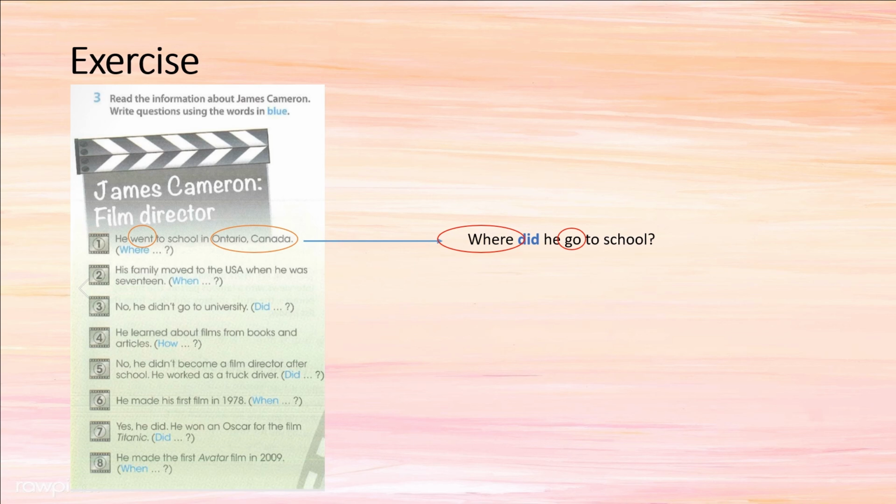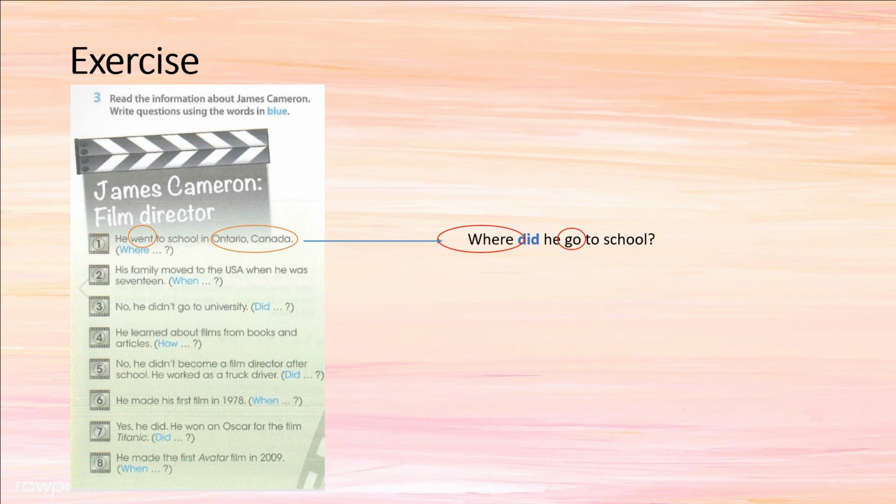Remember, you need to find the verb. If the verb is in past tense, you need to change it to the root word. Root word means no addition of d, ed, ied, ing, es or ies. Yes, the word moved, you have to change it to move, M-O-V-E.